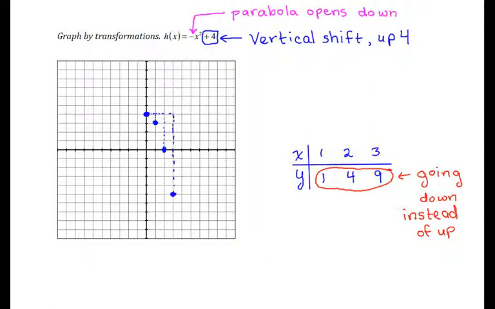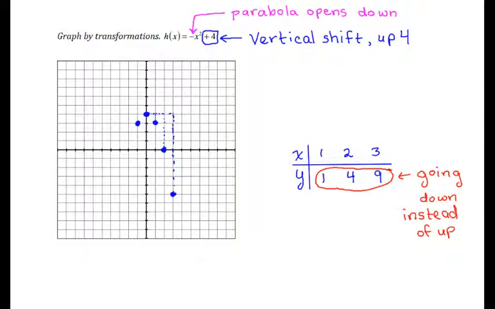So we see how quickly we can draw a parabola once we really know what it looks like and what these transformations mean. I'm going to go ahead and reflect each of these points. This time the vertical line passing through the vertex is the y-axis, so it's already kind of drawn in for us. It makes it a little easier to do the reflection.